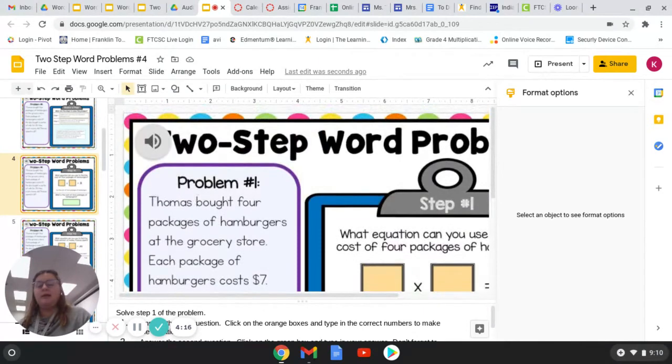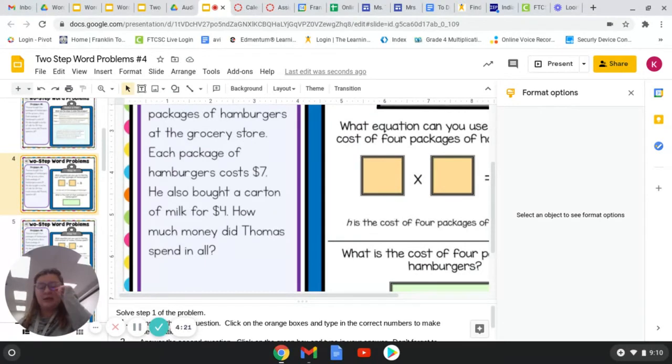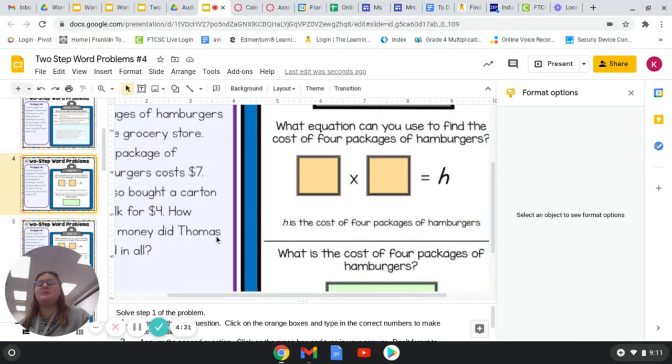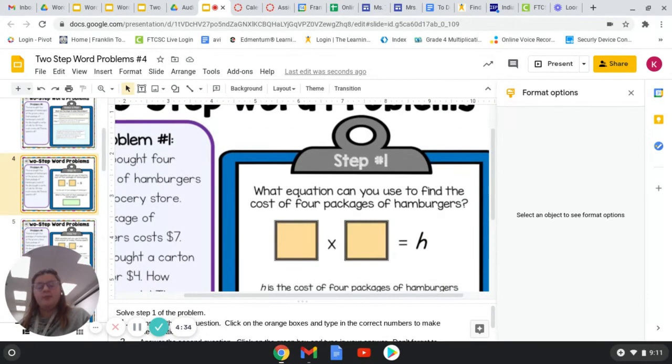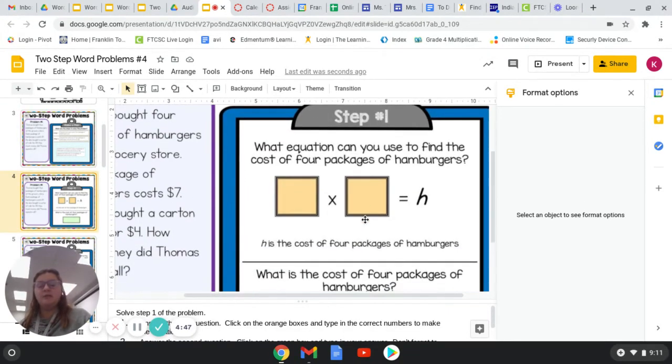Same problem: he bought 4 packages of hamburgers at the grocery store, and each package cost $7. He also bought a carton of milk for $4. And once again, we want to know how much money Thomas spent in all. Okay, so this is my step number 1. And if you remember, in step number 1, we're figuring out how much the hamburgers cost. So H is the cost of 4 packages of hamburgers.